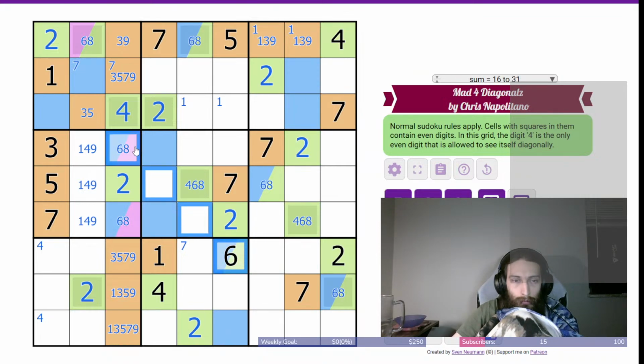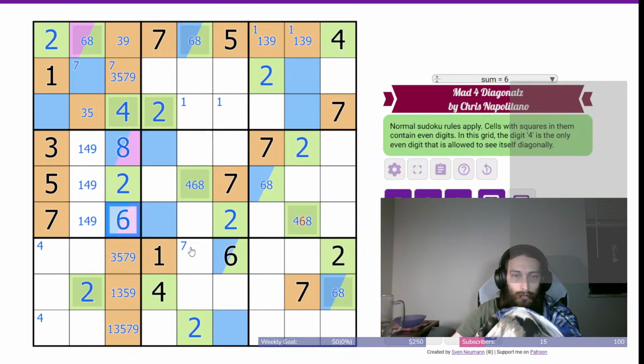6 and 8. Yeah, the 6 can't see itself right there.